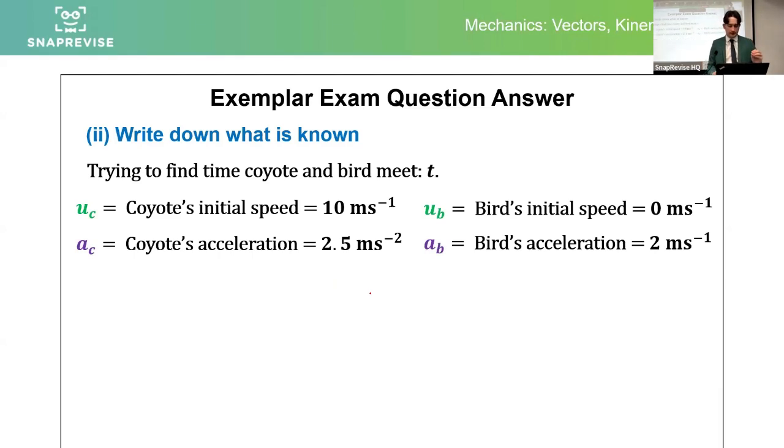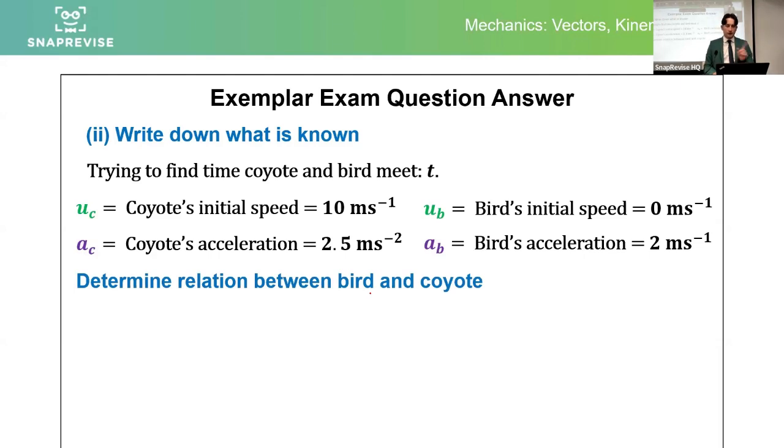The coyote's initial speed is 10. The bird's initial speed is 0. The acceleration of the coyote is 2.5 because they told us. The bird we've just worked out is 2. So it does look like it's going to catch it quite quickly, because the coyote is already running along and it's accelerating quicker than the bird. Okay, so let's have a little look.